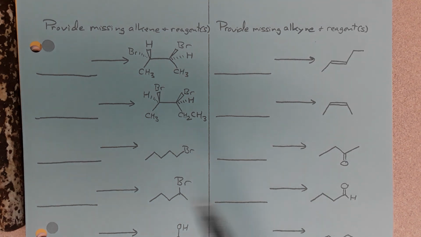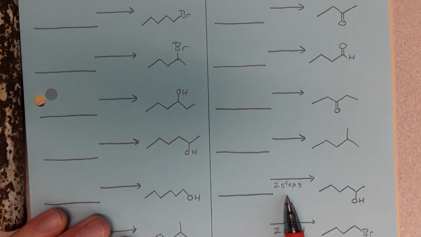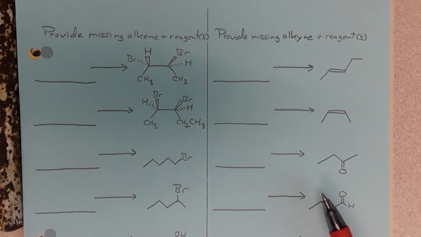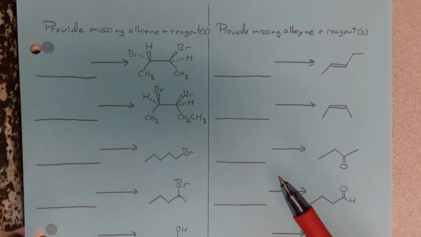And so I've put together this blue sheet here. It's two sides to help jog your memory on some of these reactions. On it, you're going to be working backwards one step, or sometimes two steps, where it says specifically two steps. You are going to go to a specific functional group.